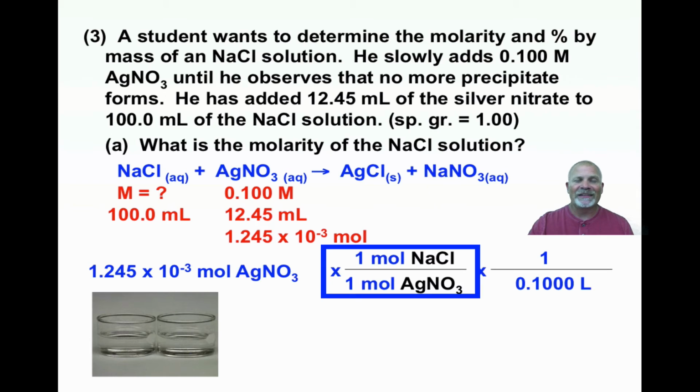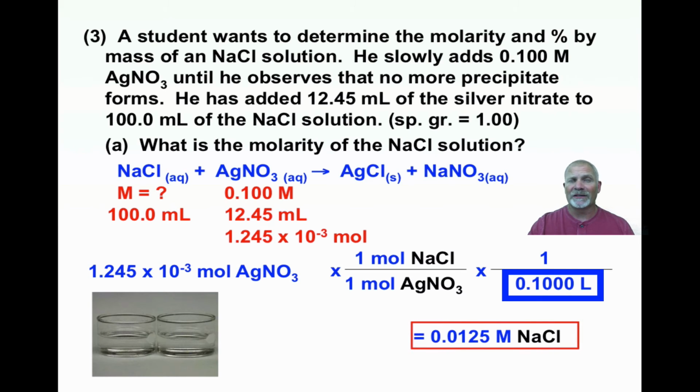I speculated that since it's 1 mole of sodium chloride to every 1 mole of silver nitrate, they both have the exact same number of moles. So since I knew the moles of my silver nitrate, I also knew the moles of my sodium chloride. Therefore, I just have to divide by its volume in liters, moles per volume, and I got the actual molarity of my sodium chloride.